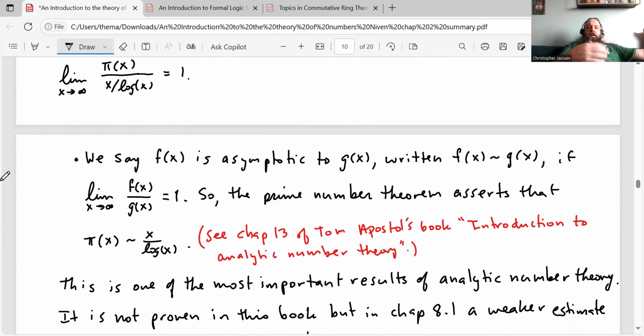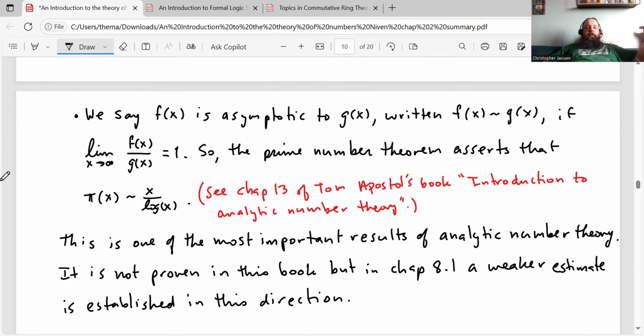Just to define what we mean by asymptotic here, we say f of x is asymptotic to g of x, which we write as f of x tilde g of x, if the limit as x goes to infinity of f of x over g of x is equal to 1. Which means that the prime number theorem asserts that pi of x, which is the number of primes less than or equal to x, is asymptotic to x over log of x. That's called the prime number theorem.